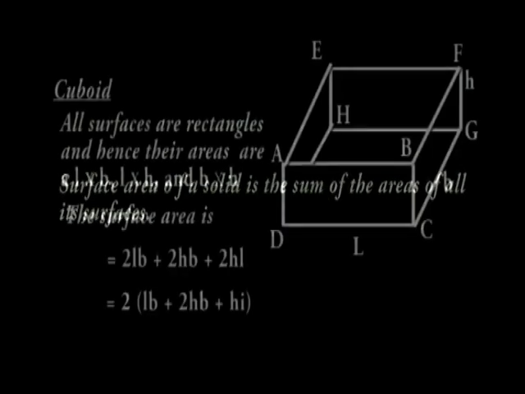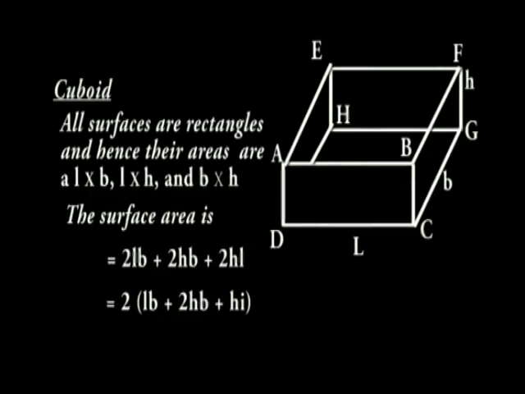Surface area. Surface area of a solid is the sum of the area of all its sides. Cuboid. All surfaces are rectangles and hence their areas are length times breadth, length times height, and breadth times height.